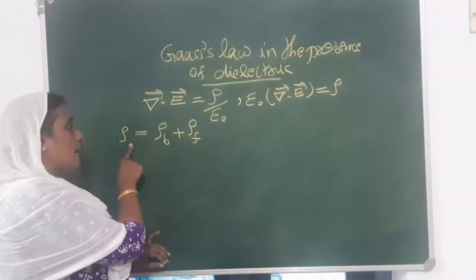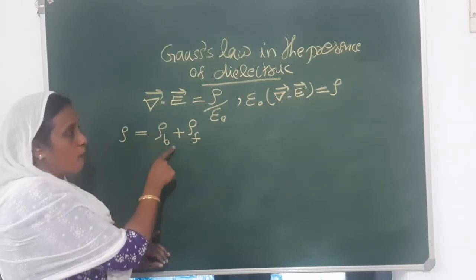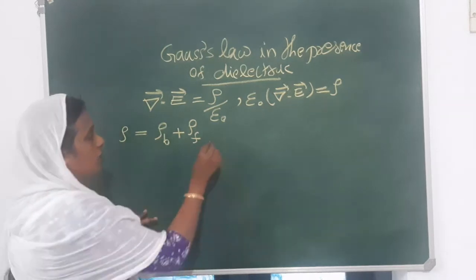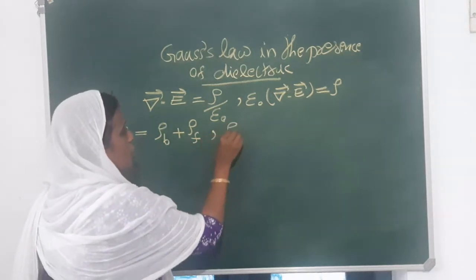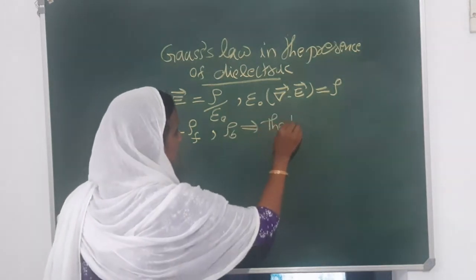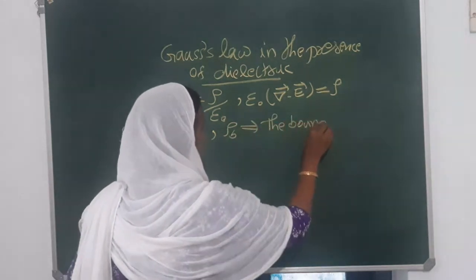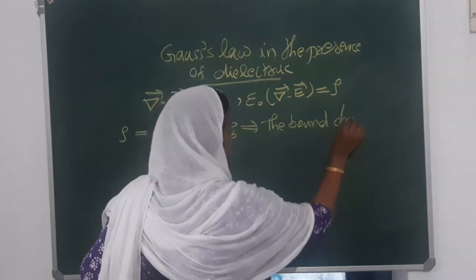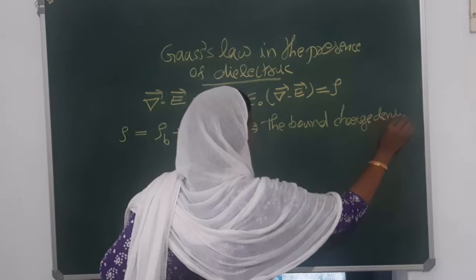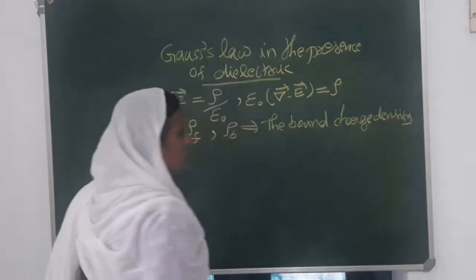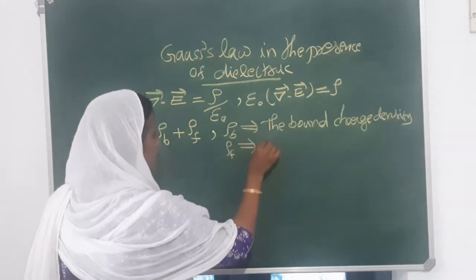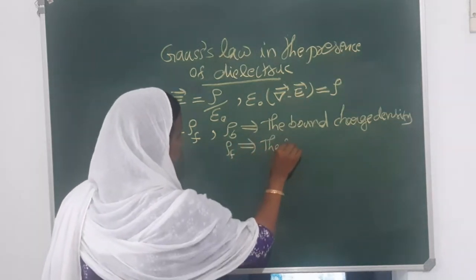So we can write this charge density as sum of two terms. The bound charge density plus free charge density. Rho b represents the bound charge density and rho f the free charge density.